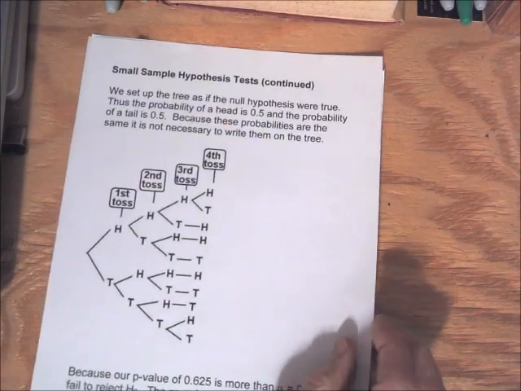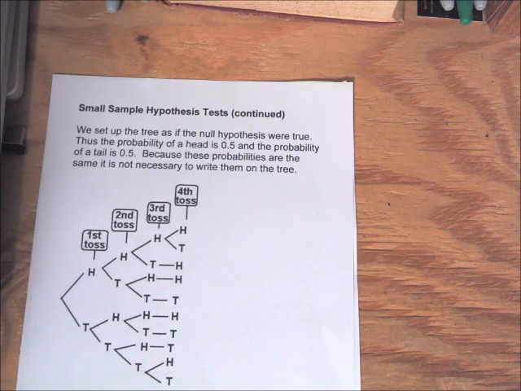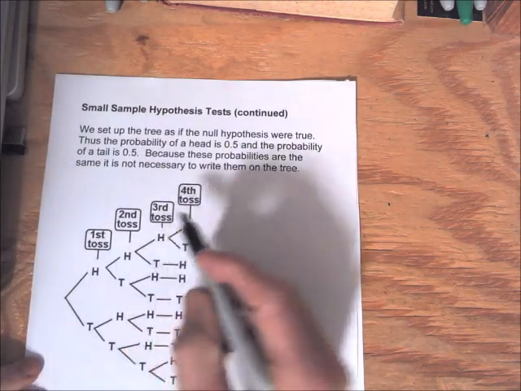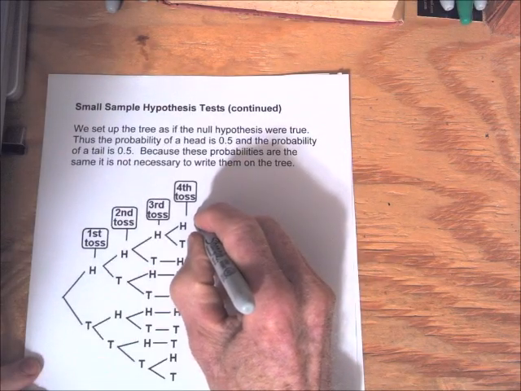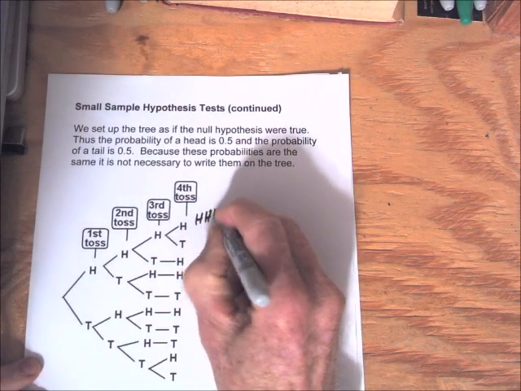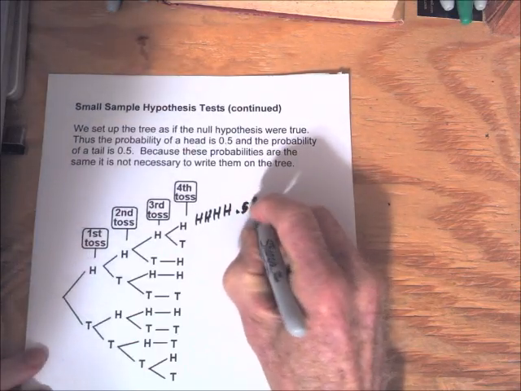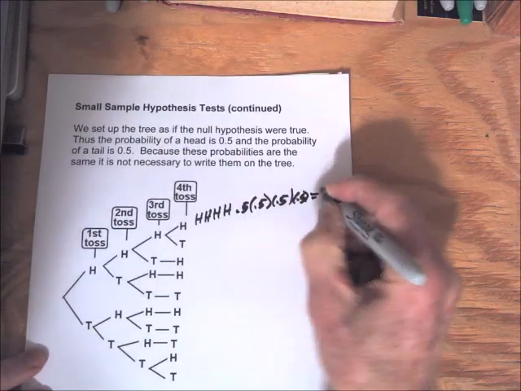Okay, so we'll make a tree diagram, and again, for convenience we'll only include the paths with either at least 3 heads or at least 3 tails. The first path here is all heads. It's head, head, head, head. So the probability is going to be 0.5 times 0.5 times 0.5 times 0.5.